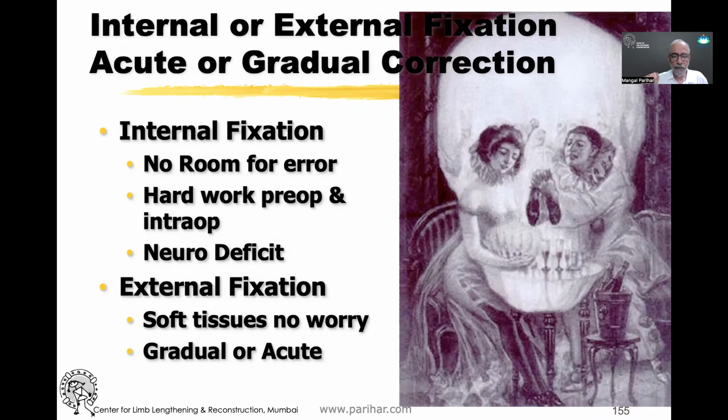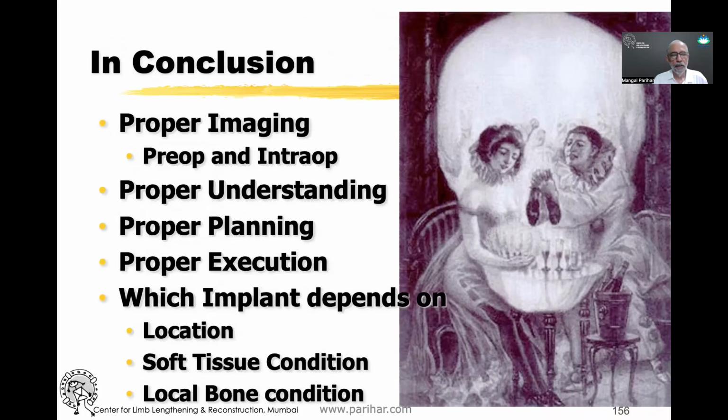External fixation, the advantage is soft tissues are not a problem almost every time. And you can decide whether you want to do it acutely or gradually. Mostly, if you put on an external fixation, I would usually prefer to do a gradual correction. So in conclusion, you got to have proper imaging, both preoperatively as well as intraoperative.